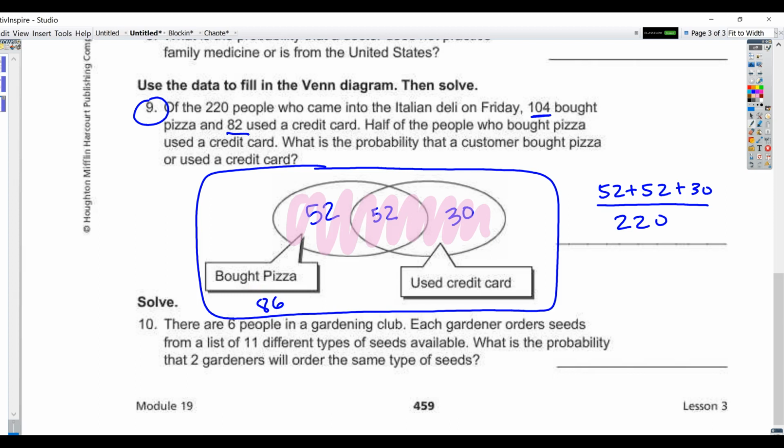No, because it's 104 plus 82 minus 52. And here's the thing: these are going to give you the same answer. It's really not that bad.